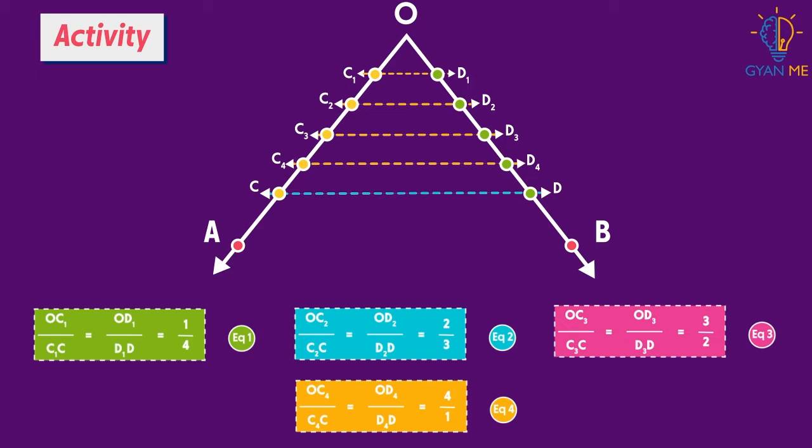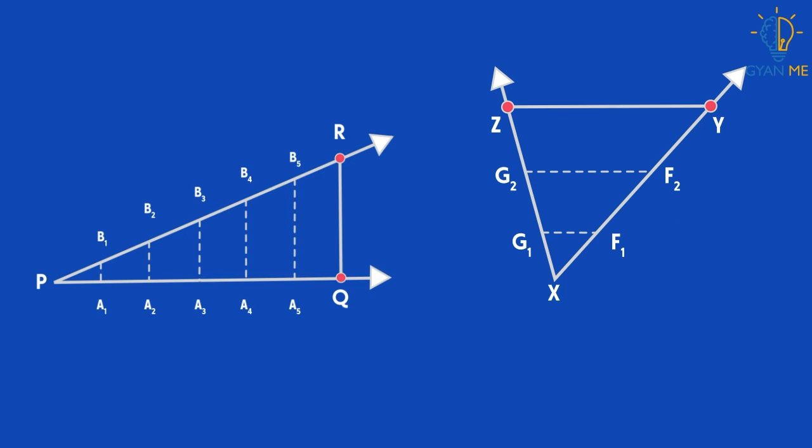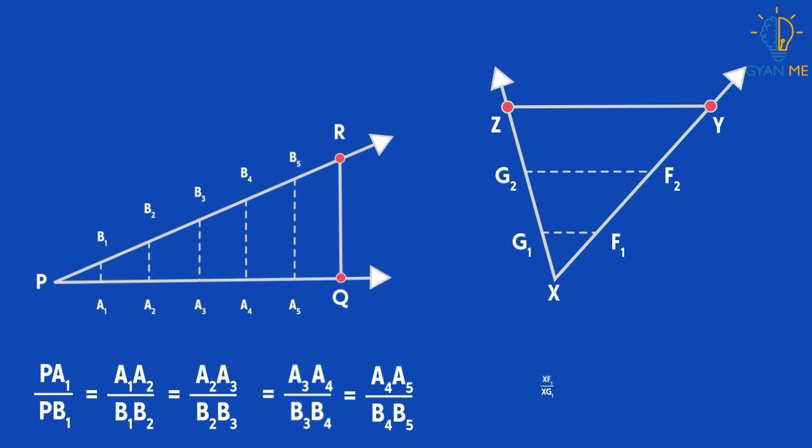And hence, they are parallel to each other also. Now we can repeat this activity with different angles and different ratios of sides. But every time we will get the same result. That is, each time the ratios of segments will remain the same and all lines will be parallel to each other.